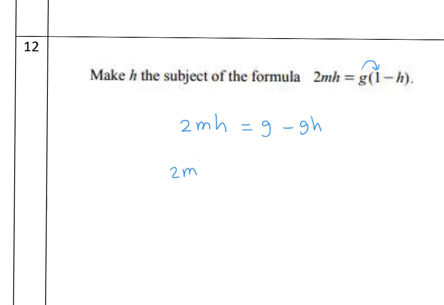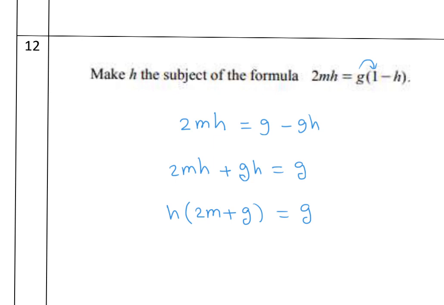So 2mh plus gh equals g. And then we factorize h. So h, open brackets, 2m plus g, equals g. And then we move 2m plus g to the other side by division, and then h equals g over 2m plus g. Good job, Rahma. So this is h in terms of m and g.